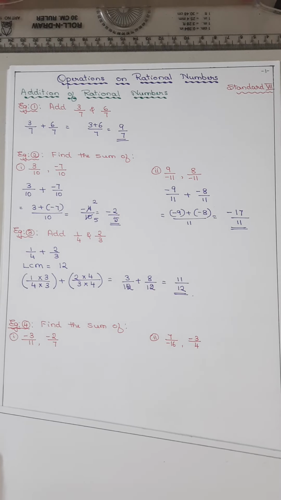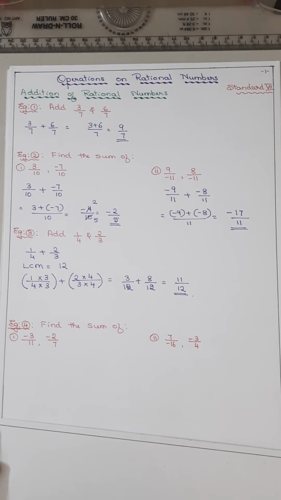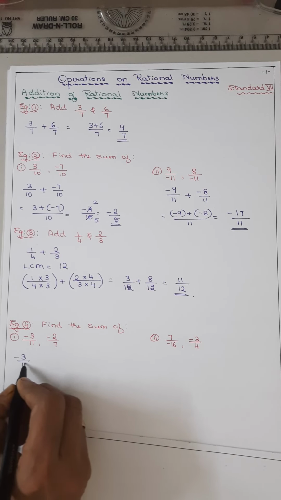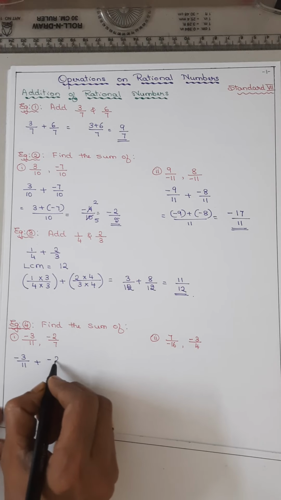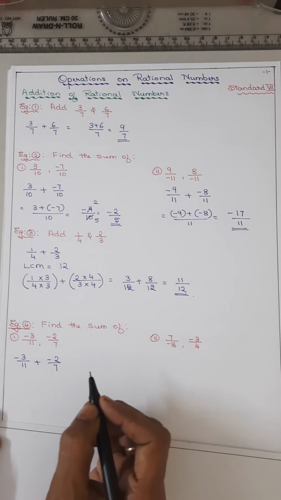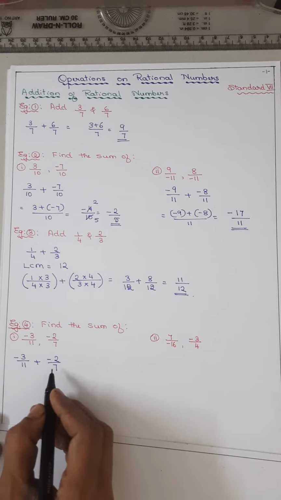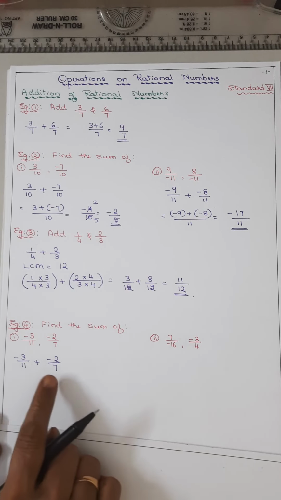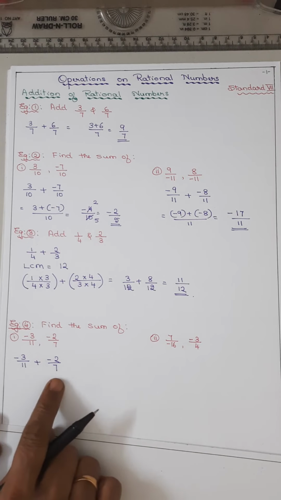Now coming to the fourth sum, in that the first subdivision, minus 3 by 11 plus minus 2 by 7. Now see the denominators whether they are positive. Yes. Now see the denominators, they are prime numbers.